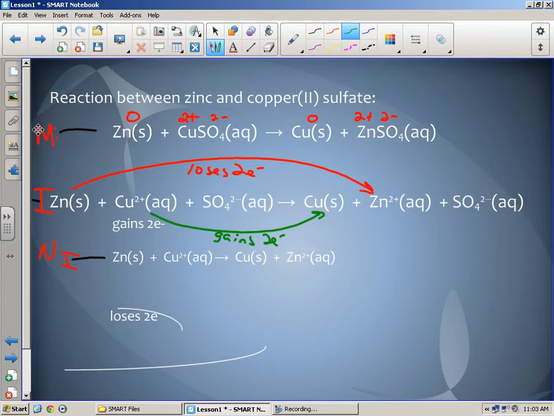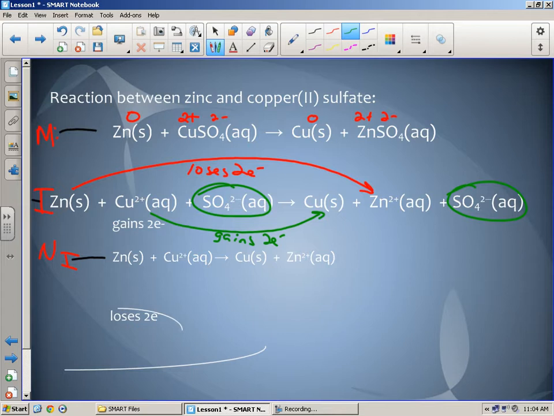By the way, what about the sulfate? What's that deal there? Sulfate goes from a 2 minus to what? A 2 minus. What is that called in this case? Oh, come on, guys. We did this in Unit 4.